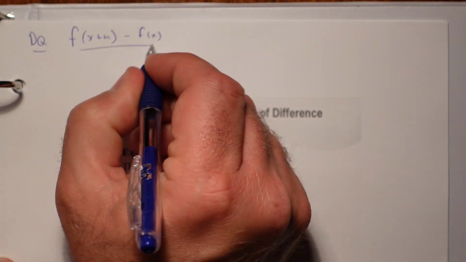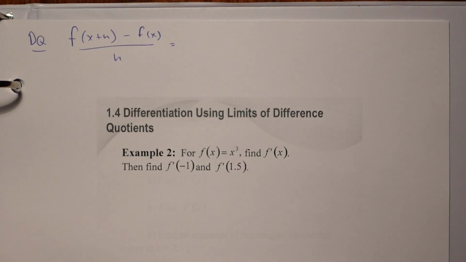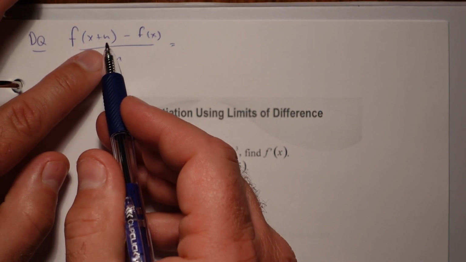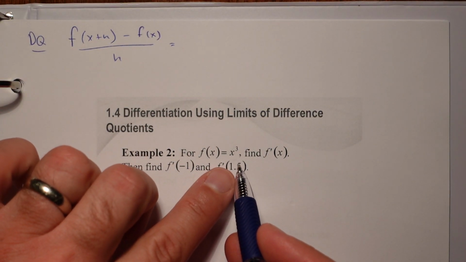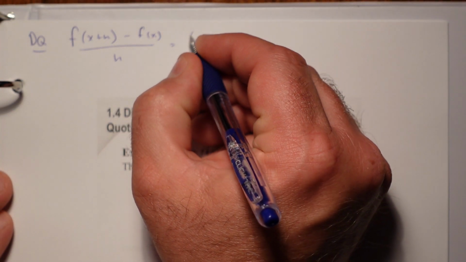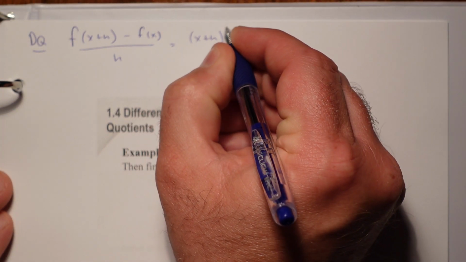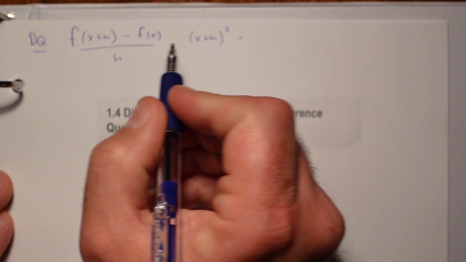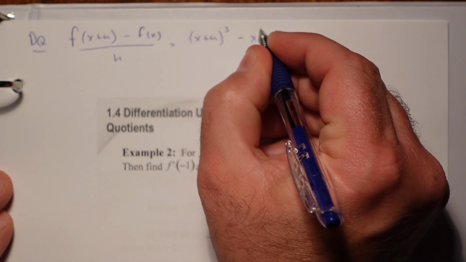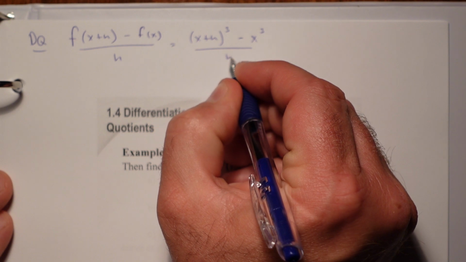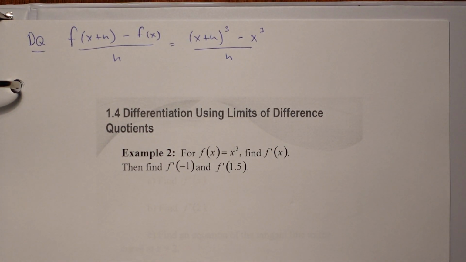I am going to go through the steps just to make sure. But remember, this difference quotient starts by taking the x plus h, plugging it into the function. So that's going to give you x plus h cubed minus the original function itself. And then I'm dividing that difference by h.